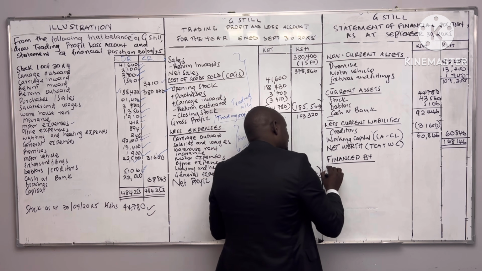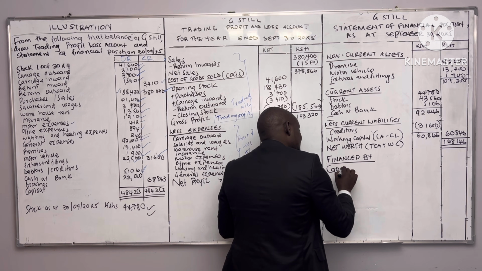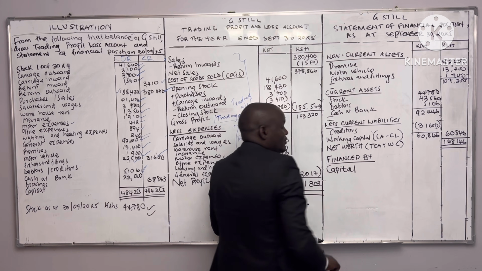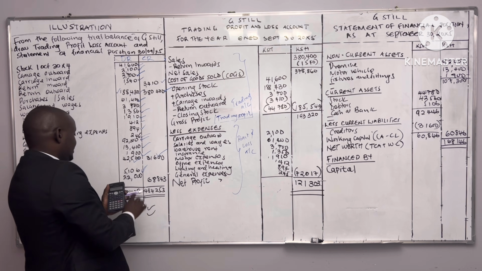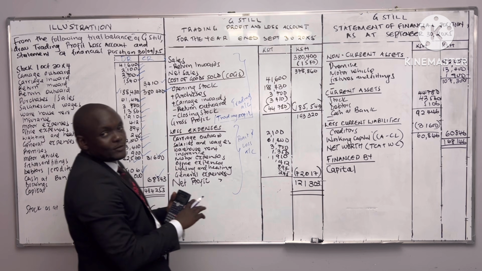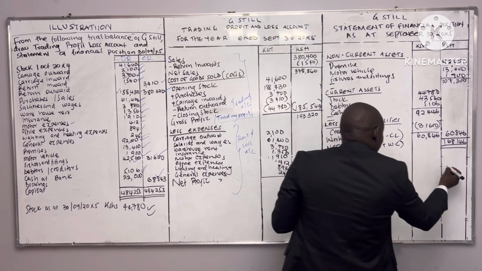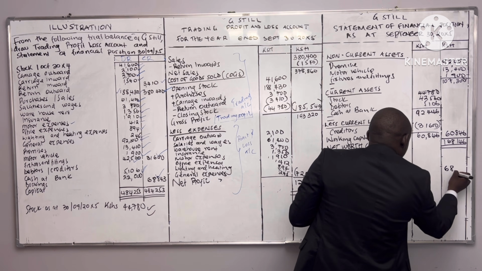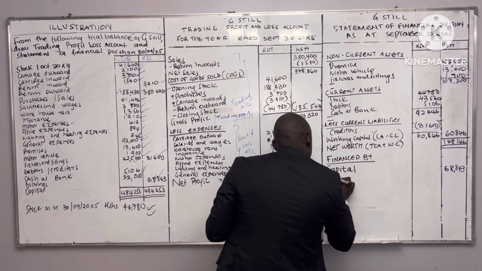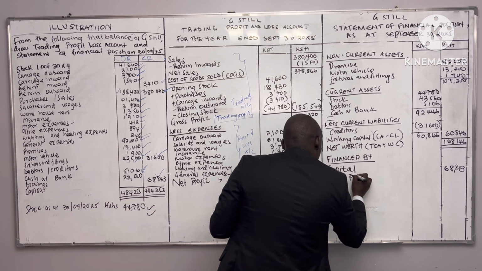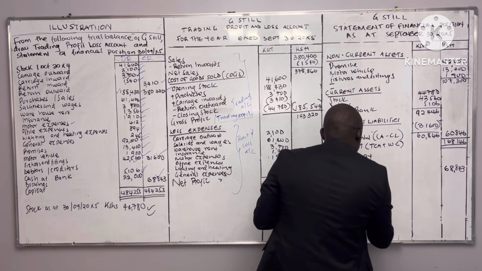Financed by, we start with capital. A business is normally financed by capital. We start with capital. Capital is 68,843. We post on this column 68,843. Then we plus the net profit. Net profit, we have it.